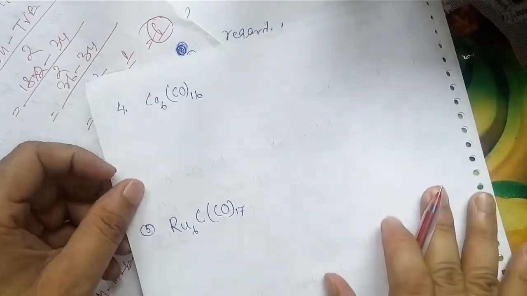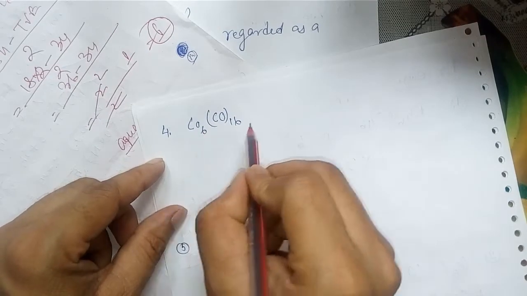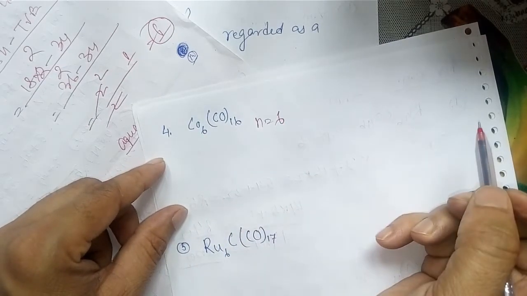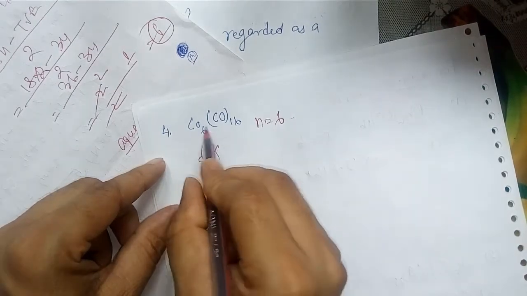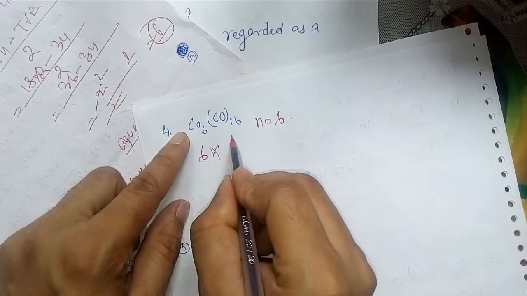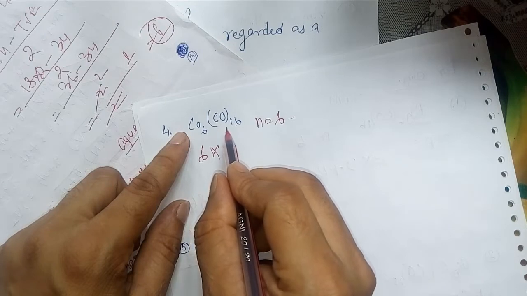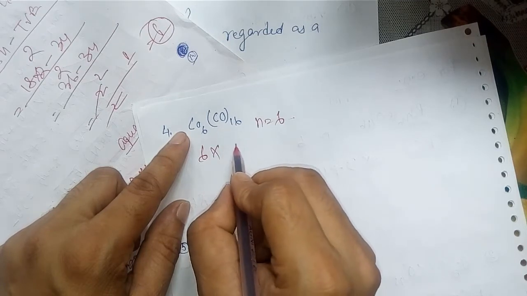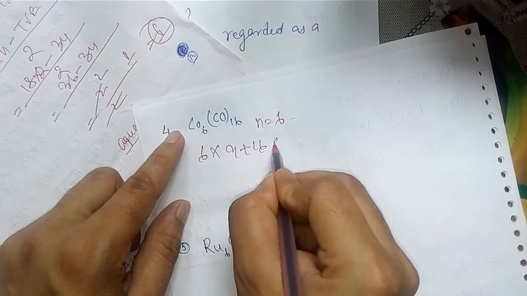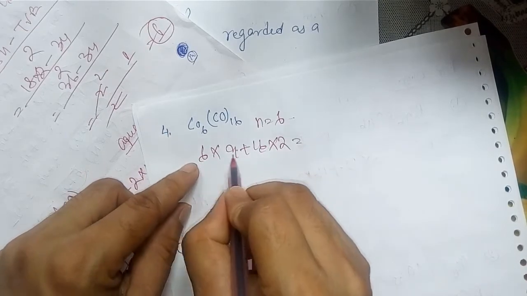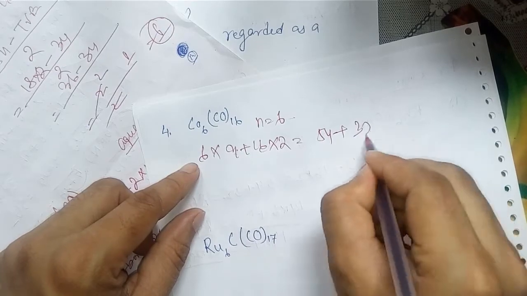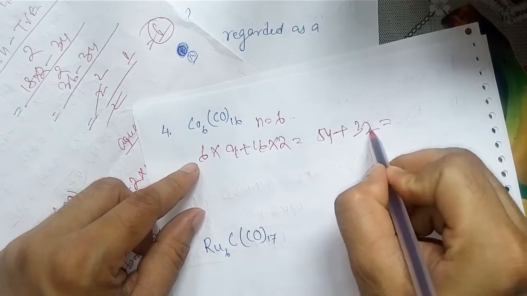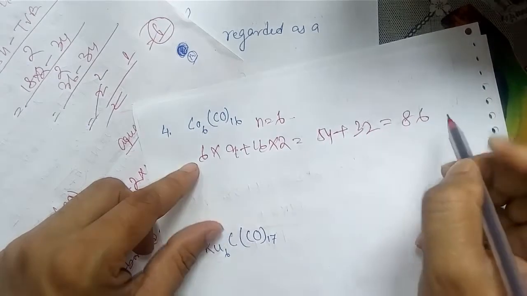Similar type, this one. Here the n value is 6. What is the valence electron of cobalt? Cobalt's valence electron is 9, so 9 into 6 is 54, plus 16 into 2 is 32, giving 86.